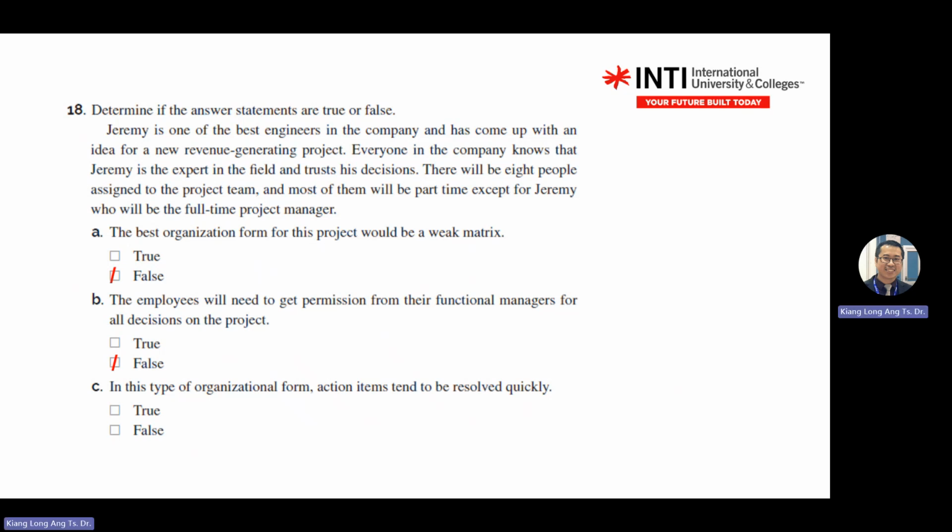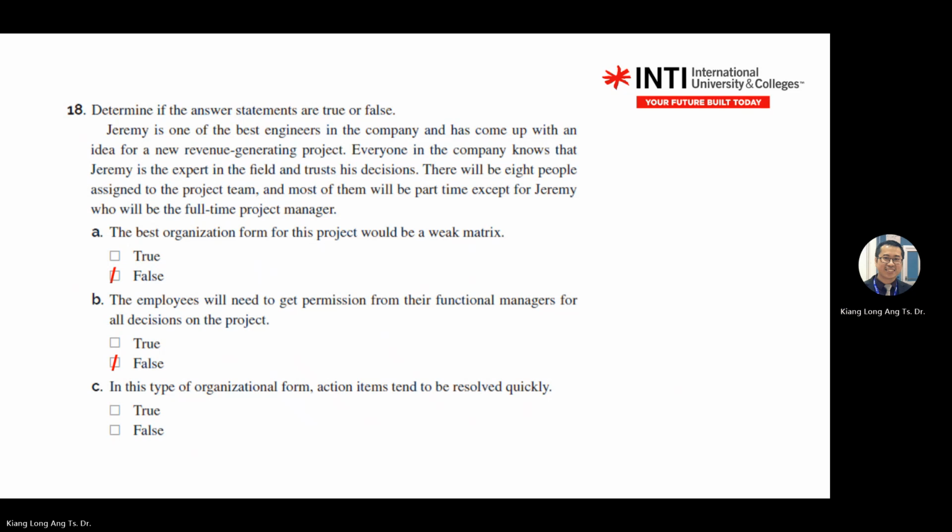He already told you Jeremy is full-time. So it must be from balanced until projectized. It cannot be lower than balanced matrix. So you have to understand the table. If it's balanced until projectized, the permission you might not need lah, because you are already balanced until projectized. So the PM can make decisions.